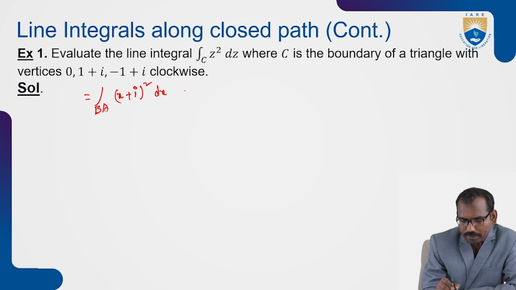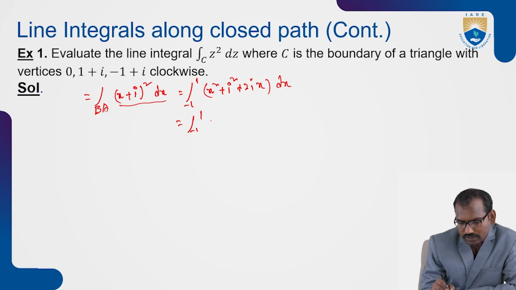Now see, we are getting the integrand in terms of x. Now we will write from minus 1 to 1, x square plus i square plus 2i x, dx. Now we will have minus 1 to 1 of x square minus 1 plus 2i x, dx.